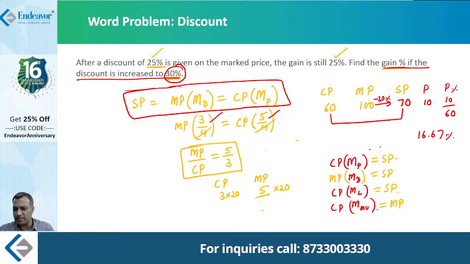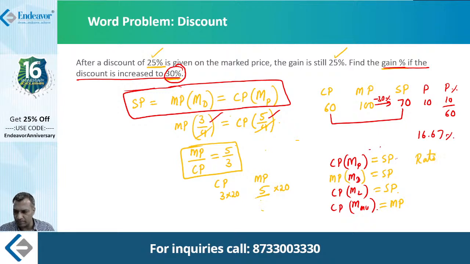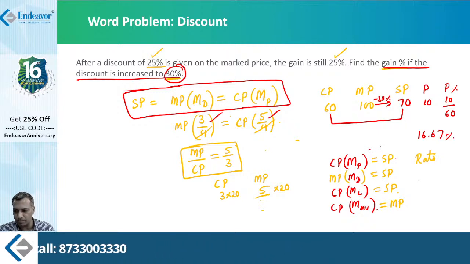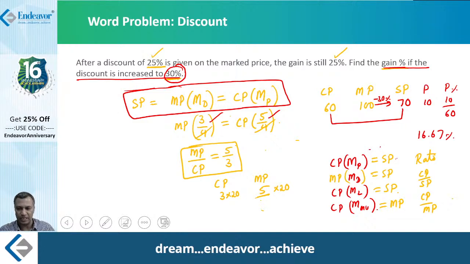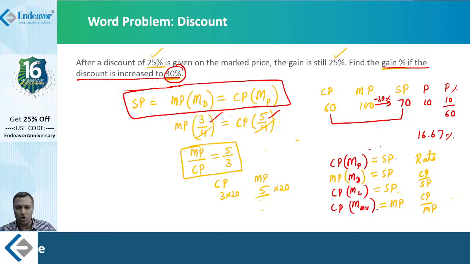The second tool that we discussed is that some questions can be brought down to the ratio format, that is cost price by selling price or cost price by mark price. After writing some questions, you understand that you can quickly put them in a ratio perspective and analyze them. These are the 2 important tools. Whatever the criticality of the question, it boils down to this more often than not.